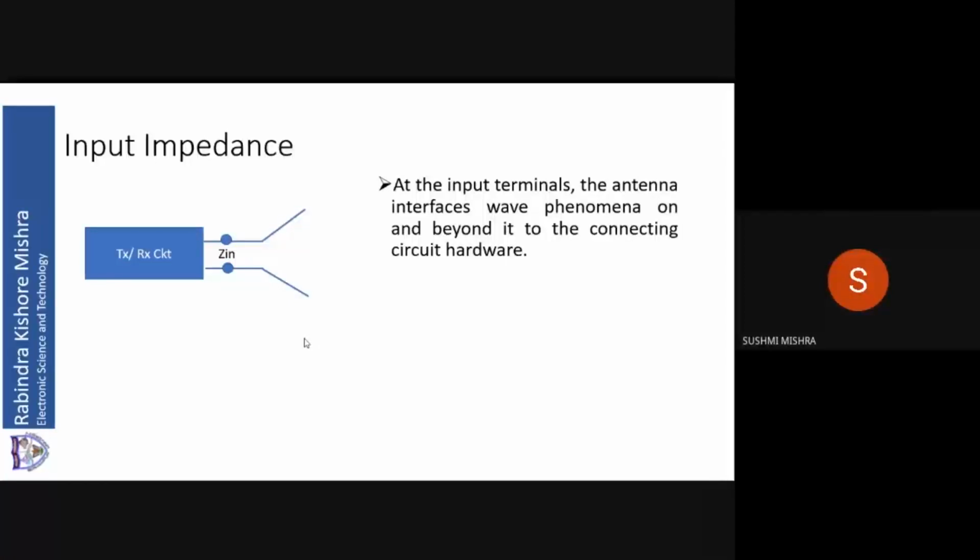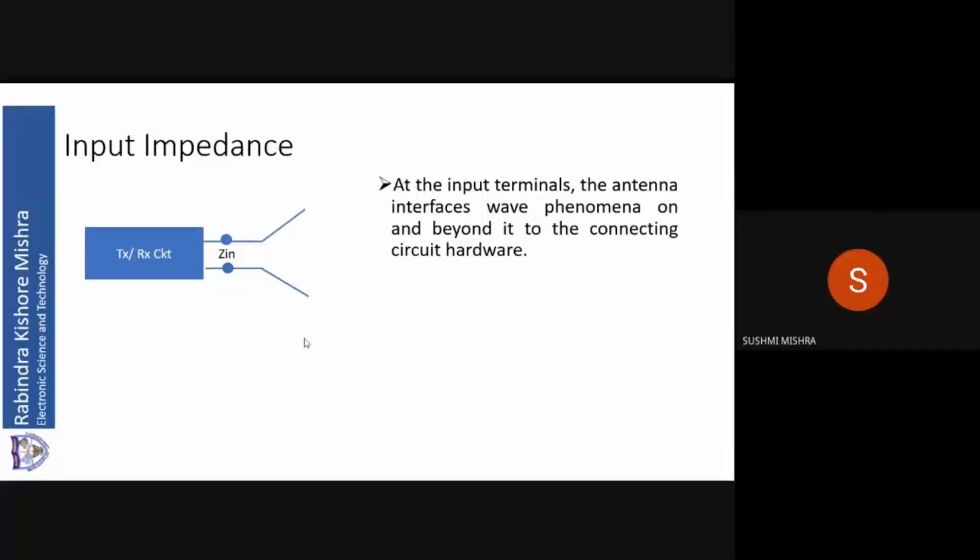Now, when we say that it is properly matched for maximum power transfer, you require properly matching. Source is matched to the load. The source impedance and load impedance are complex conjugate of each other. Why they are complex conjugate of each other?